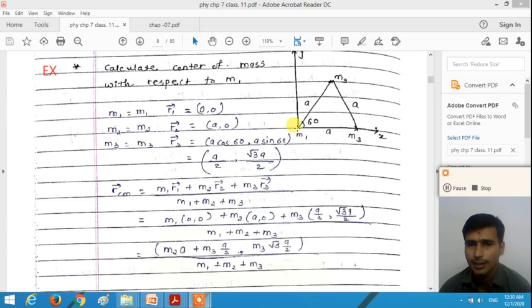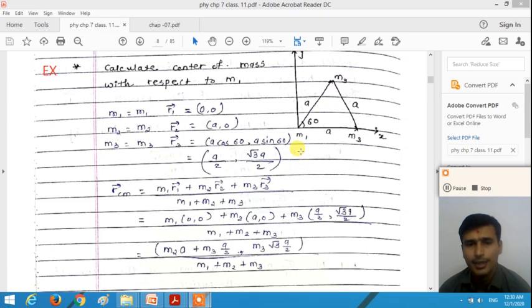So here we place m1 at the origin. The position vector of the first object is 0, 0, because we need to find with respect to the mass m1, right? The position vector of the second object m2 has x coordinate a and y coordinate 0. For the third object m3, how can we calculate?